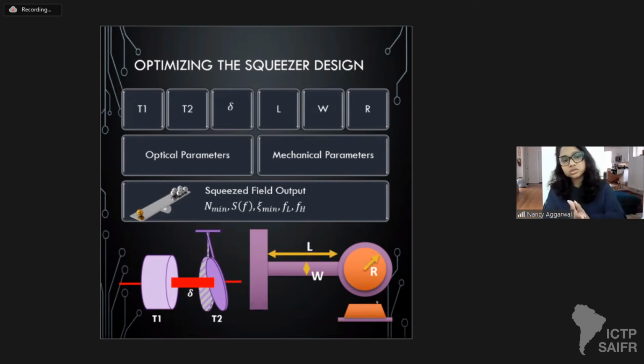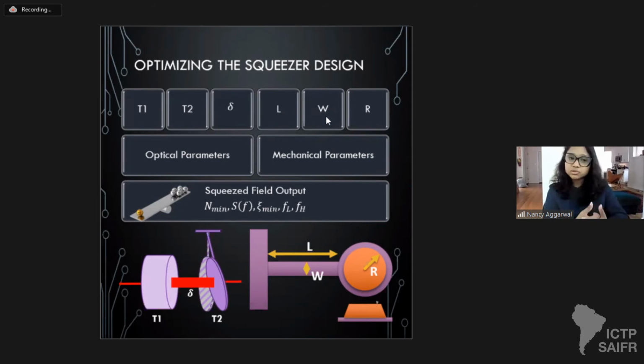And I asked the question, given the room temperature, given the frequency, is there any parameter space of these parameters that'll give me the squeezer that I want? And that optimization actually did result in positive results, but also it resulted in a lot of unintuitive answers.